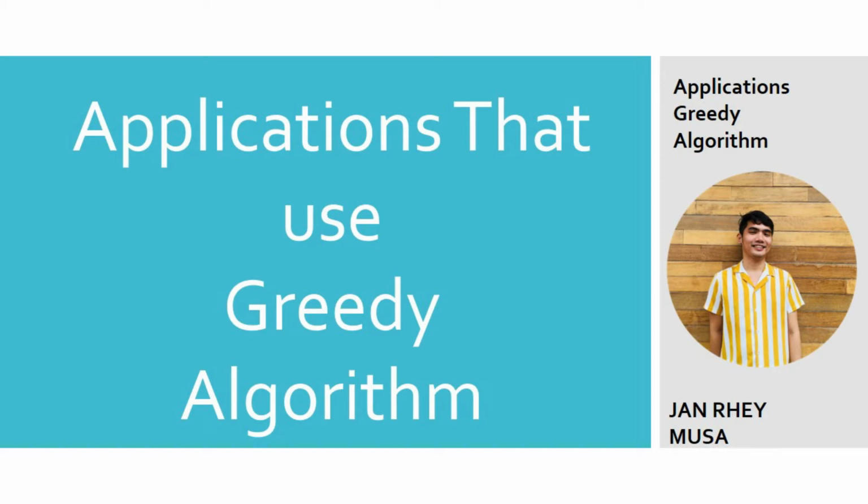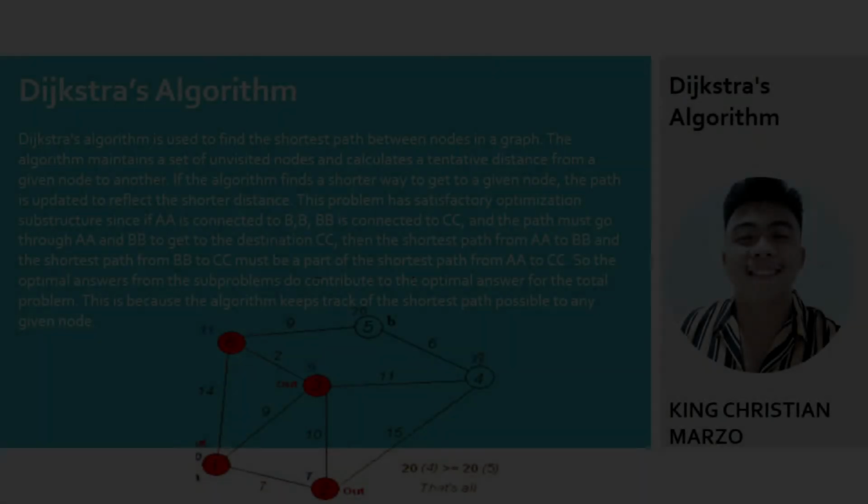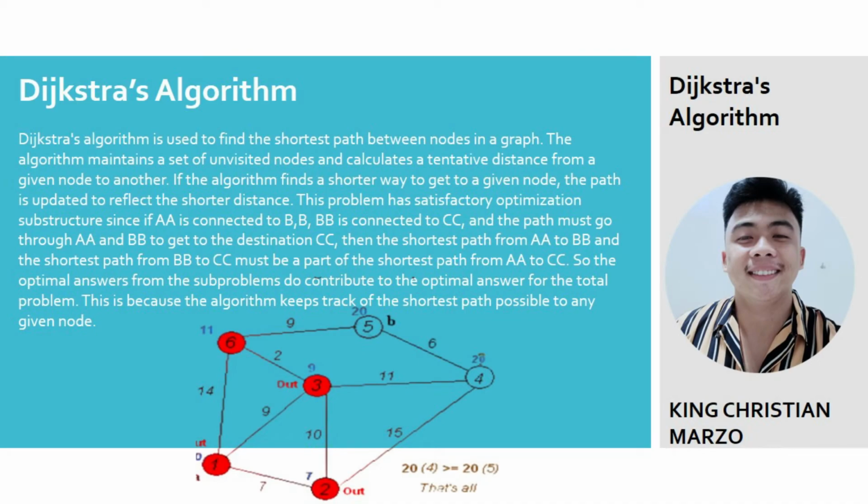Applications that use greedy algorithms. Dijkstra's algorithm. Dijkstra's algorithm is used to find the shortest path between nodes in a graph. The algorithm maintains a set of unvisited nodes and calculates a tentative distance from a given node to another. If the algorithm finds a shorter way to get to the given node, the path is updated to reflect the shortest distance.